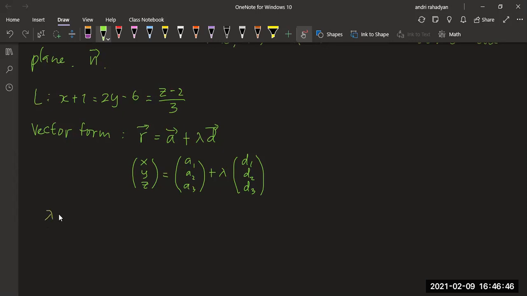Lambda equals x plus 1, so x equals minus 1 plus lambda.